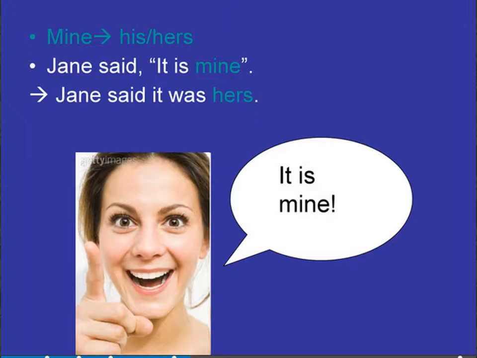In this picture, Jane here is saying something. It's mine. It may be her car, it may be her mobile phone, but anyway, she is saying it's mine. In the direct sentence, Jane said, it's mine.